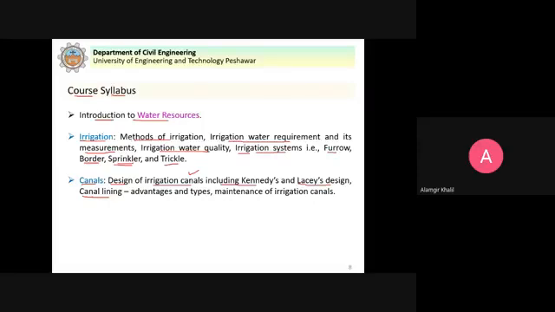In order to prevent these losses of water, we can provide lining for canals. And for this we have to provide material that is impervious to prevent loss of water. So we will study canal lining, what are its advantages and types.